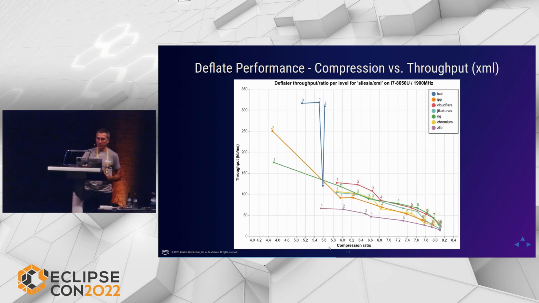And what is most interesting is that for other kinds of text, like this, for example, an XML file from the Silesia corpus, you see some algorithms are better for some kind of input data and some for others.